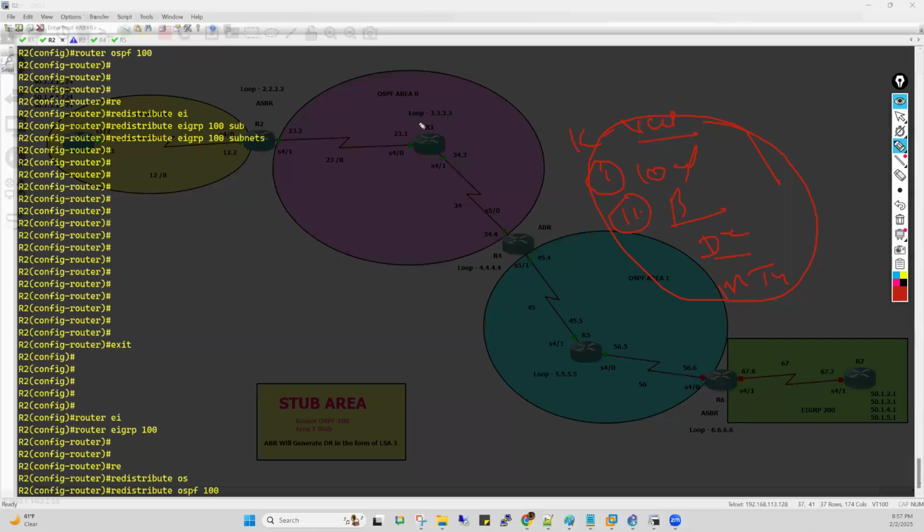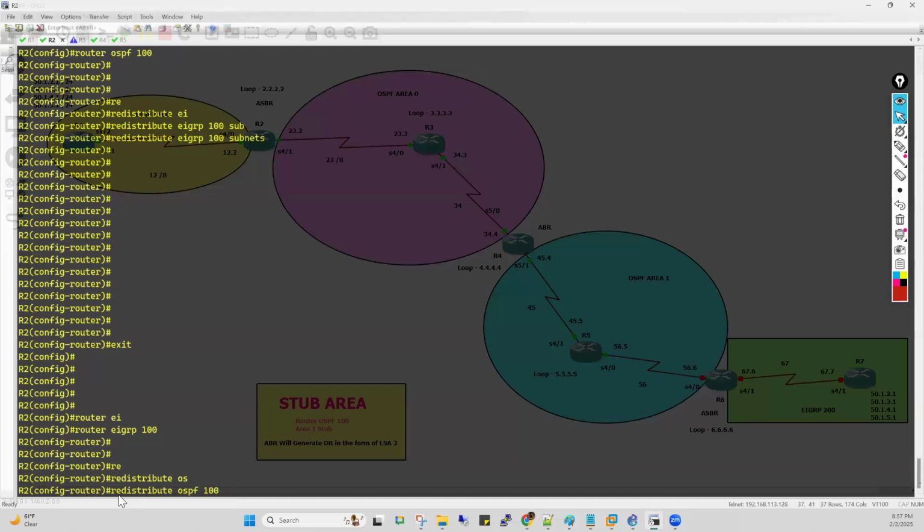But OSPF does not use these things. OSPF only uses bandwidth. Right? So whenever we are redistributing OSPF into EIGRP, we are manually setting all the criteria. Then EIGRP will calculate the metric very well. Clear, guys? Understand? Yes or no?